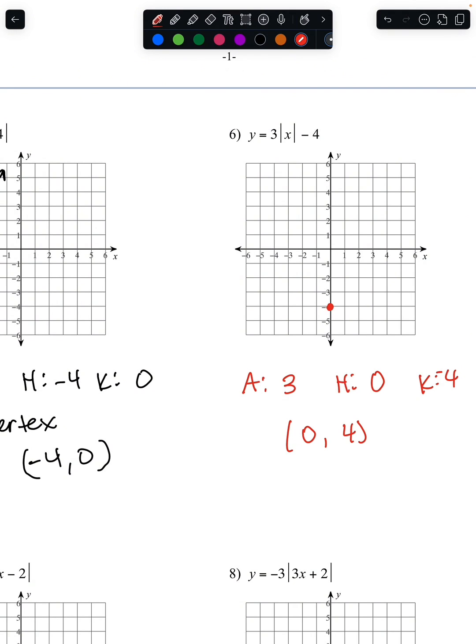So I'm going to go over 1, up 3. Do it again. Over 1, up 3. And then over 1, up 3. That's this one. Over 1, up 3 again. That's that one. And I'm going to connect the dots.